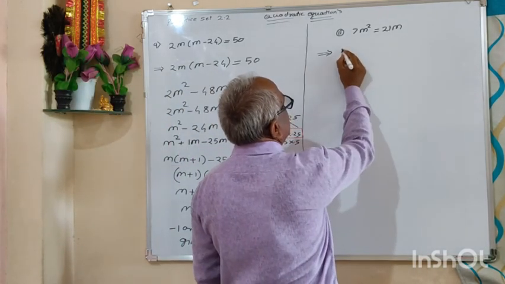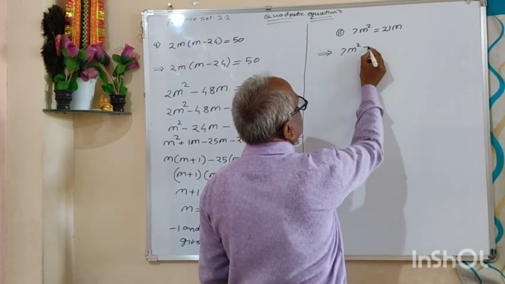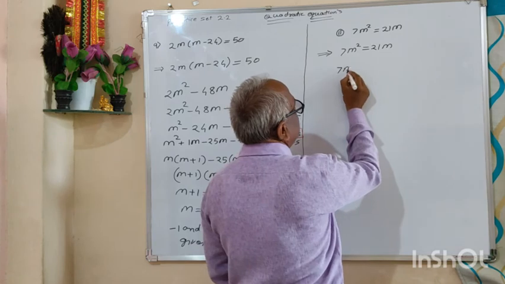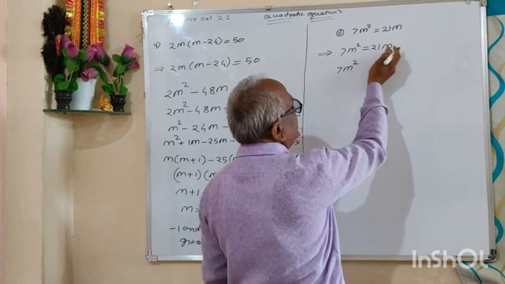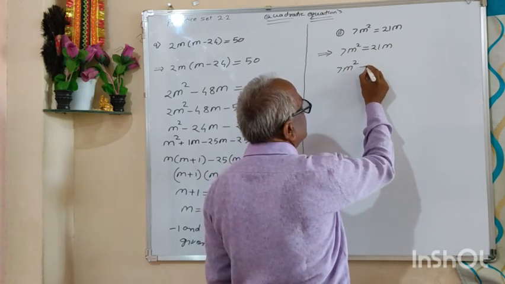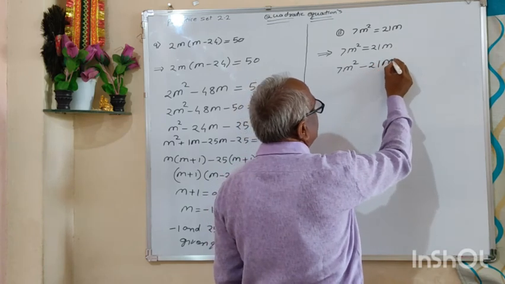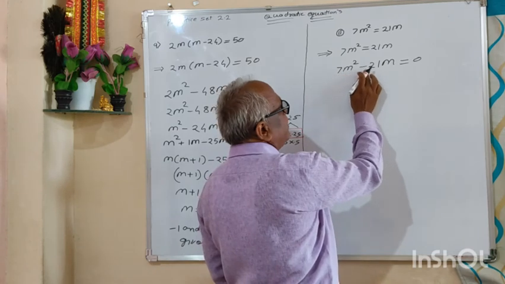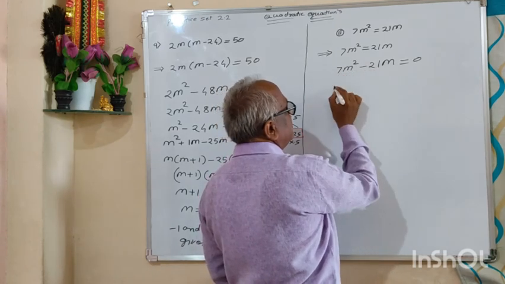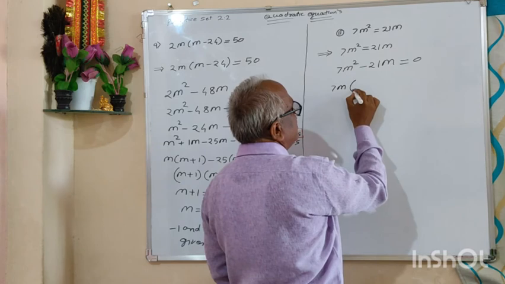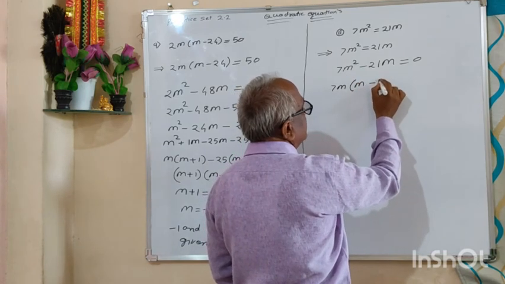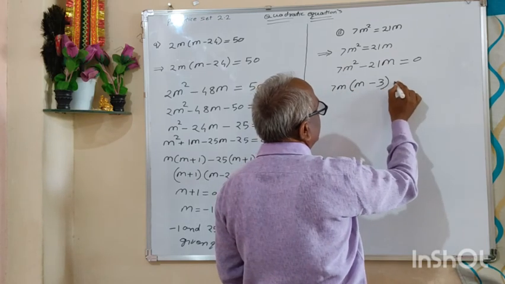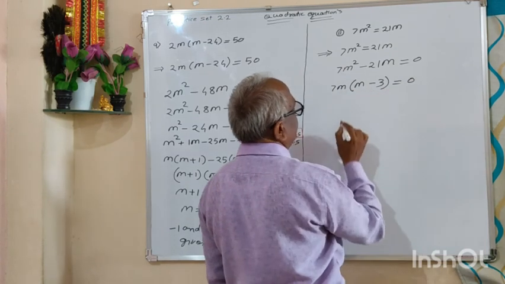Now 11th example, the question is 7m square is equal to 21m. 7m square, this plus 21m shifted to the other side of the equal to sign becomes minus 21m is equal to 0. From 7m square minus 21m, 7m is common, inside the bracket m minus 3, 7 threes are 21, and m is here outside the bracket is equal to 0.